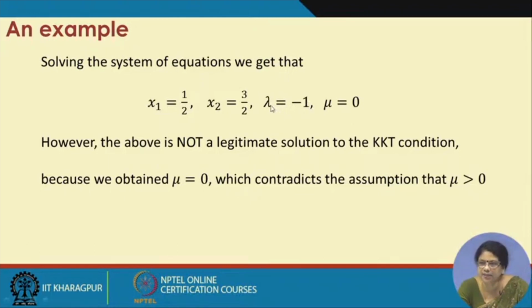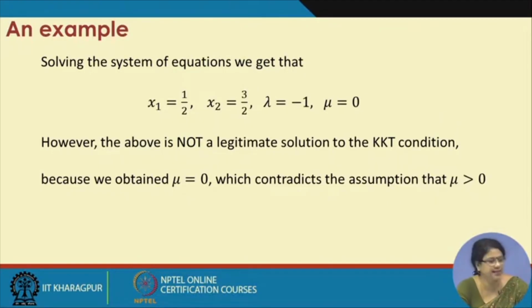Is it a KKT point? It is not a KKT point because we get a contradictory condition: we assumed mu greater than 0, but after the calculation we get mu is equal to 0. That is why we cannot say this is a KKT point at all. That is why mu greater than 0 cannot happen.